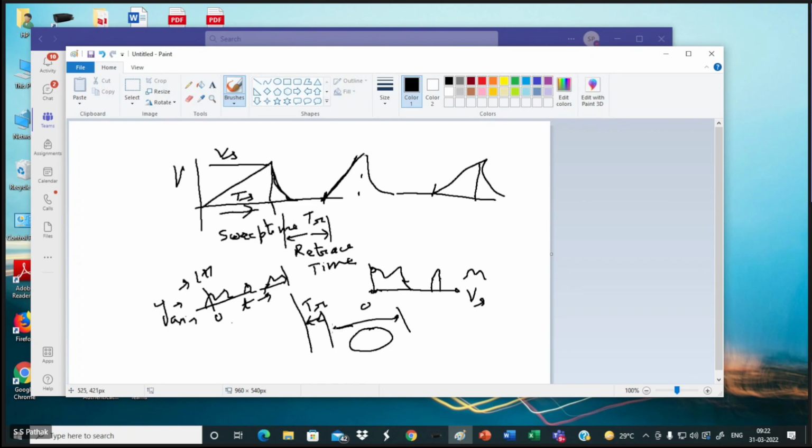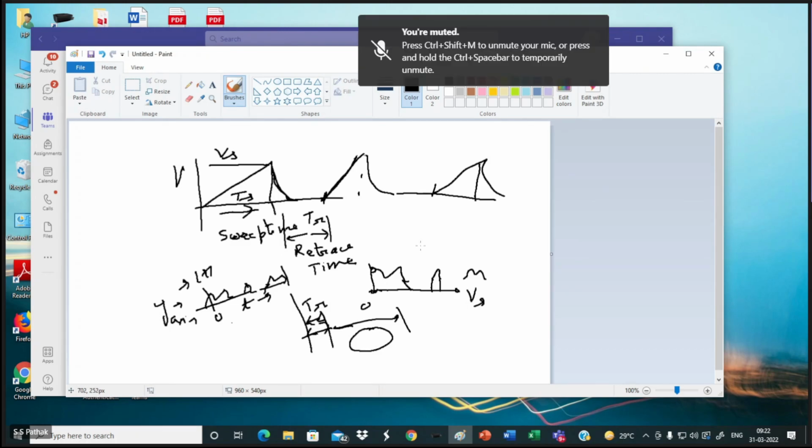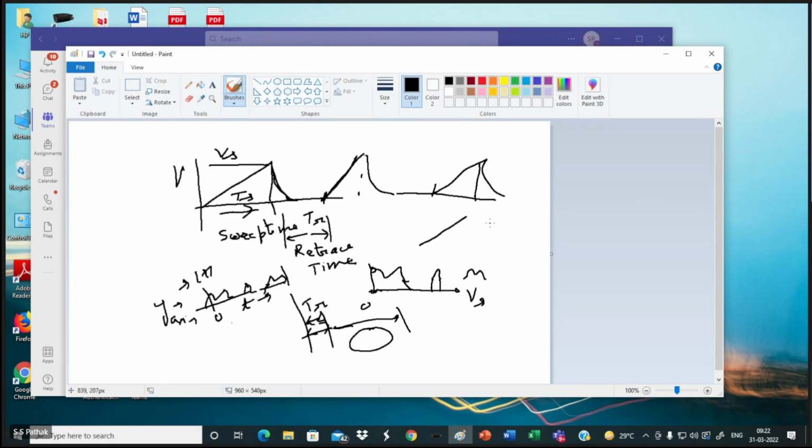We want to reduce this retrace time. So what do we do? We'll make a circuit like that. Here the switch has become on. And the switch has become on.